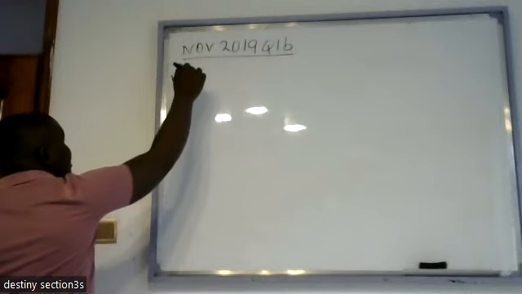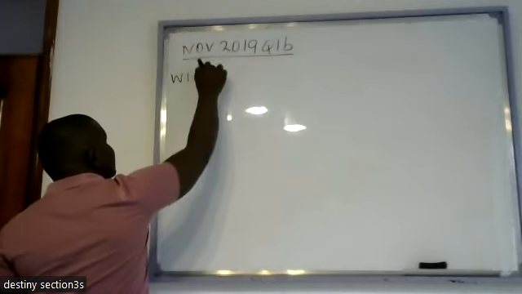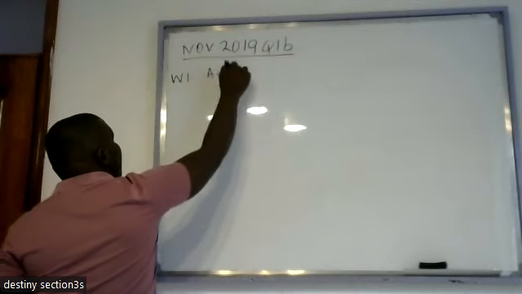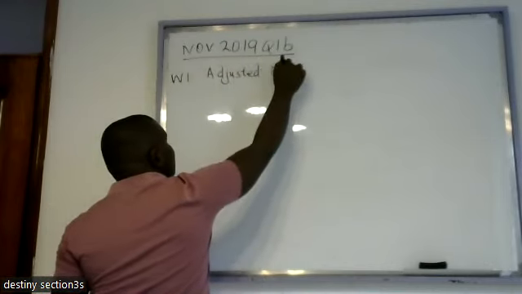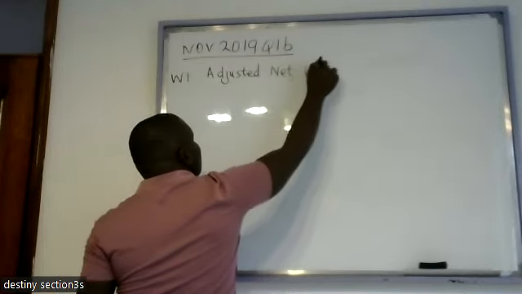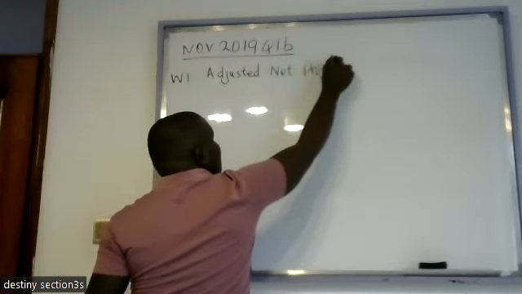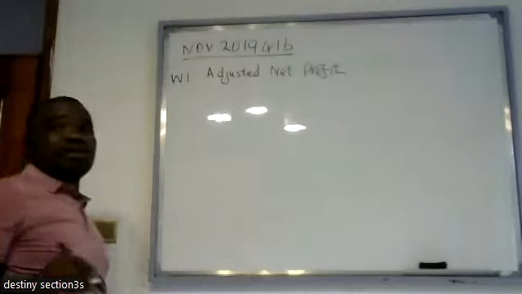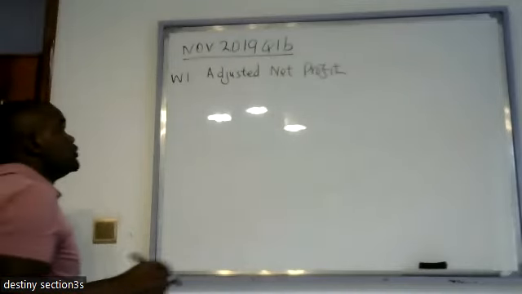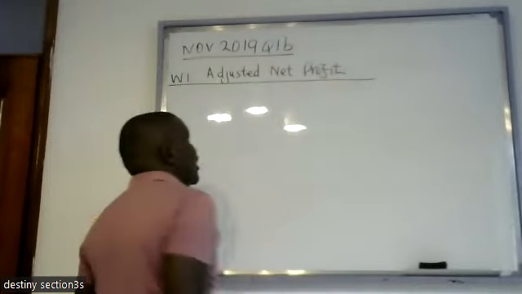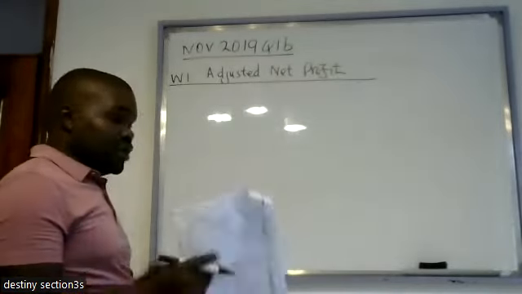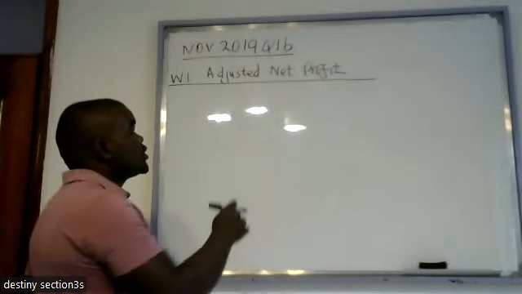Working one, adjusted net profits. Shillings are in thousand.